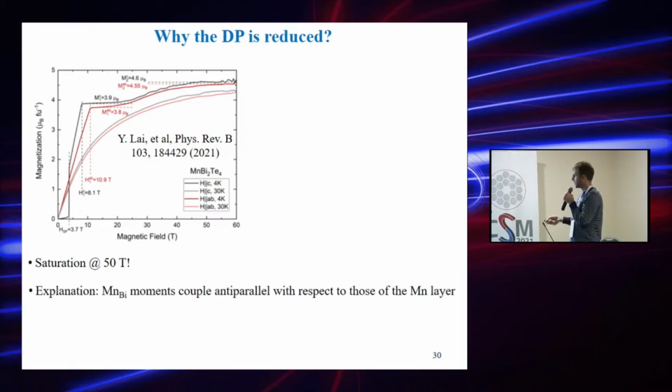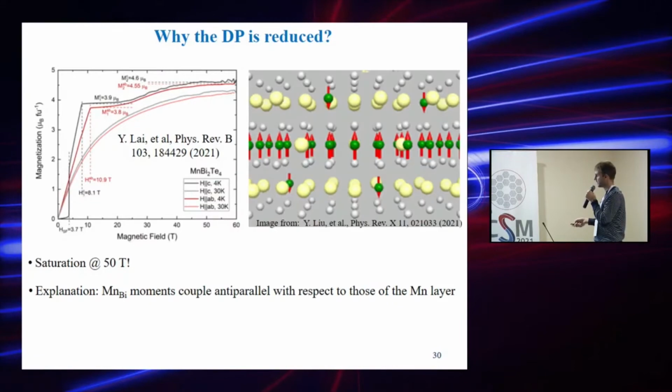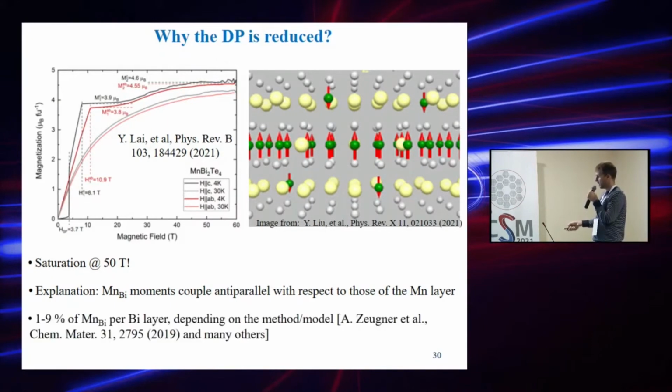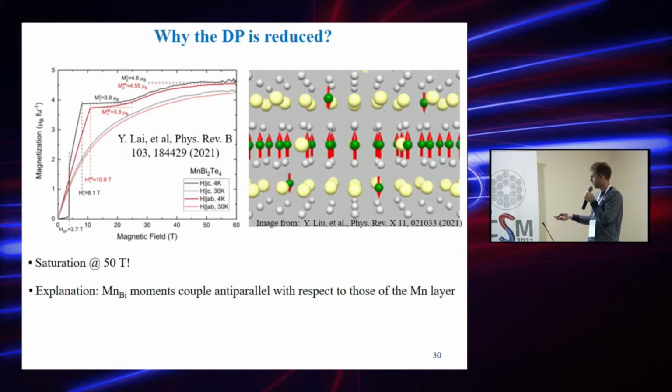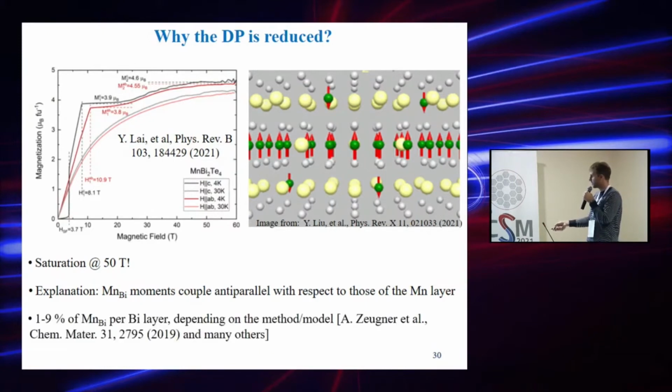Why does this happen? The interpretation is that due to manganese-bismuth intermixing, there is cation intermixing between these two species. Manganese atoms incorporated in bismuth layers couple antiferromagnetically to the central layer of manganese. Depending on the sample, on how you determine this concentration, and on the model you assume when you fit your XRD data, you can have between 1 and 9% of manganese on bismuth sites.